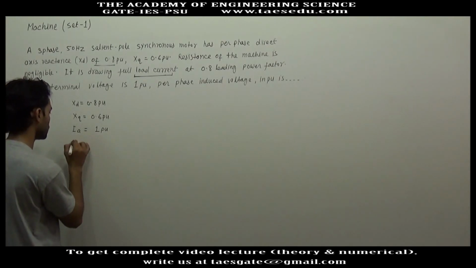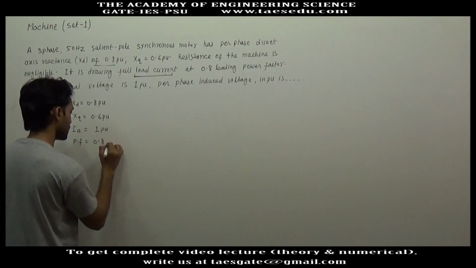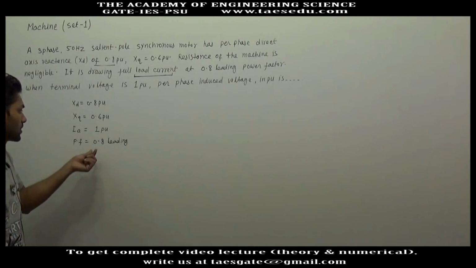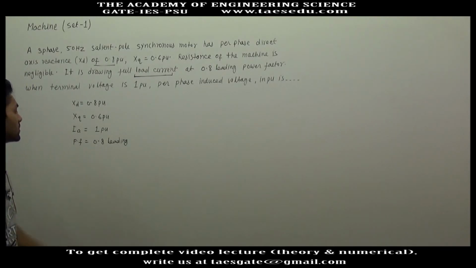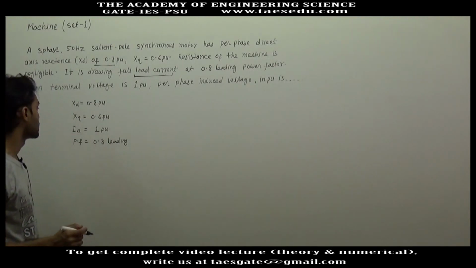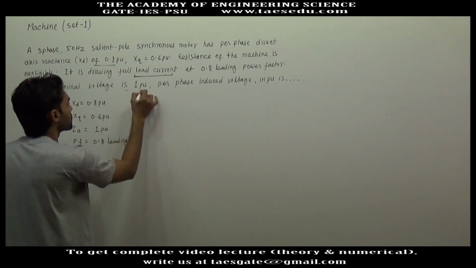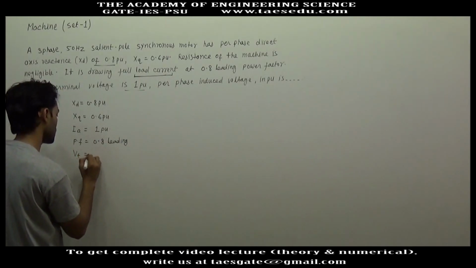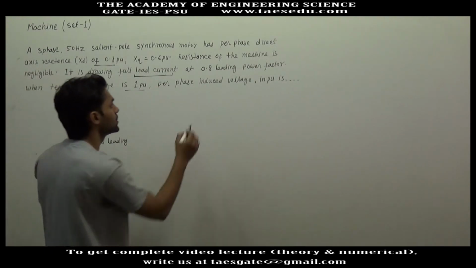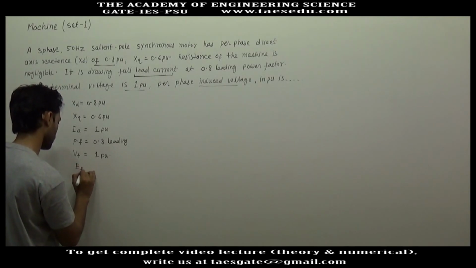Power factor is 0.8 leading. It means the armature current will lead the armature voltage by 36.86 degree, and terminal voltage is given as 1 pu. Then we have to find out the induced voltage. Induced voltage means EF.